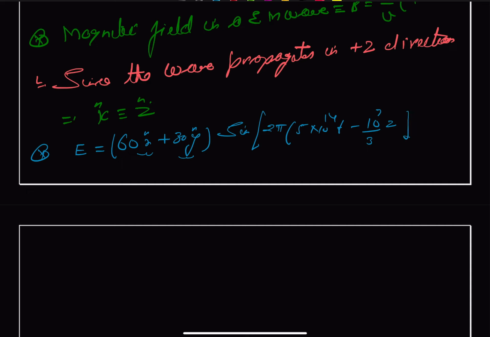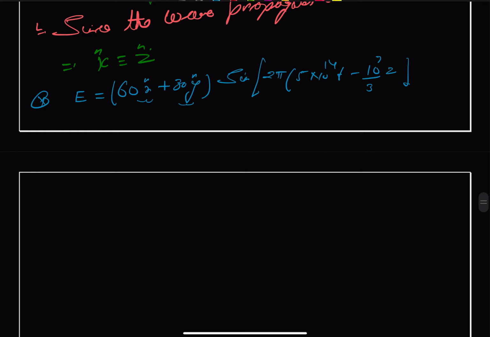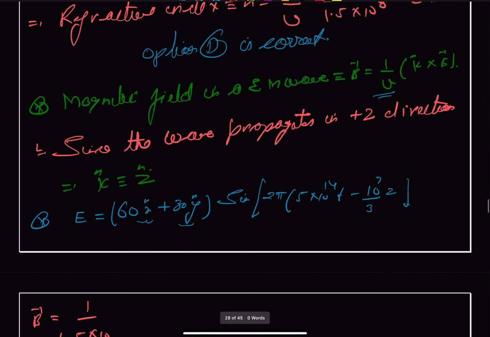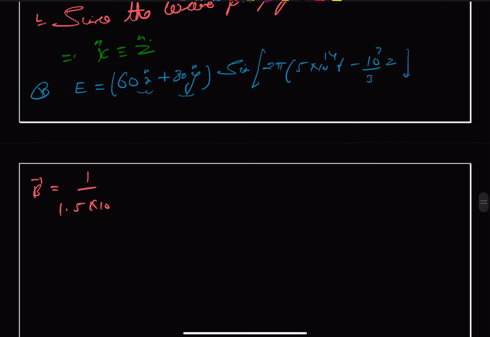And magnetic field will be equal to, like we said, 1 upon v. V we found out. So our magnetic field will be equal to 1 upon 1.5 into 10 to the power 8, and k unit vector is our z unit vector.